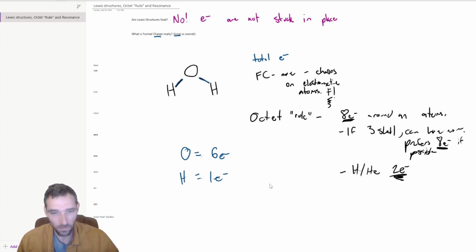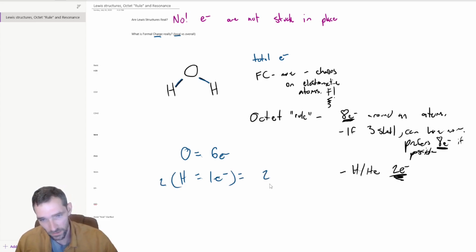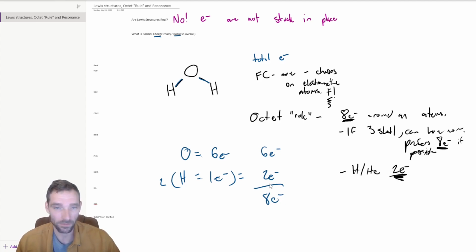So I've got 1 oxygen, and I've got 2 hydrogens. So I've got 2 electrons coming from this and 6 electrons coming from there, meaning that I should have a total of 8 electrons. Currently, I've only drawn in like 1, 2, because there's 2 electrons in each bond. So there's 1, 2, 3, 4, and I need to have 5, 6, 7, 8.